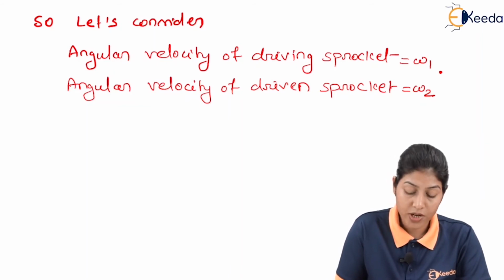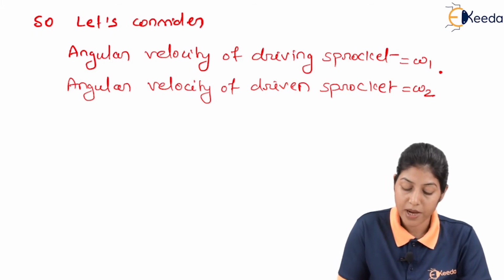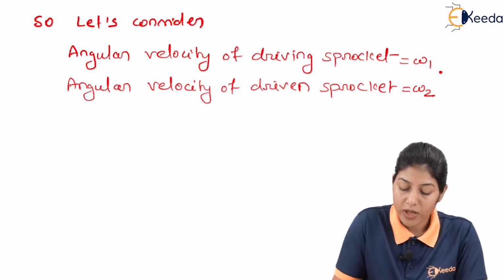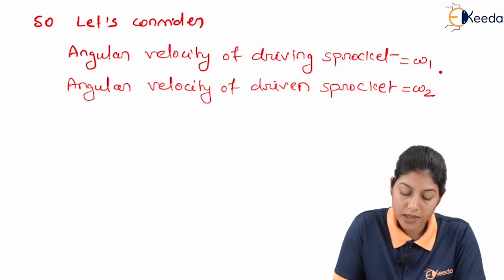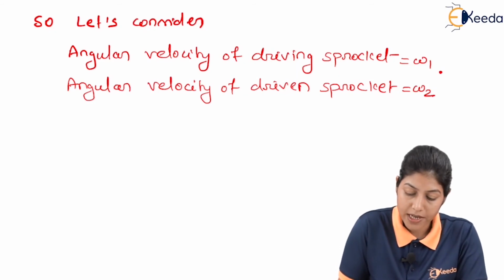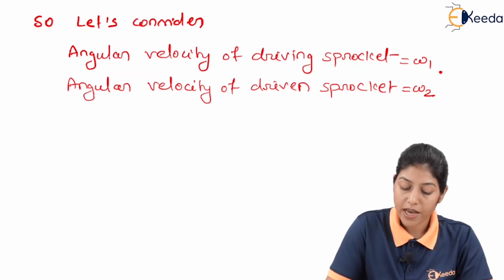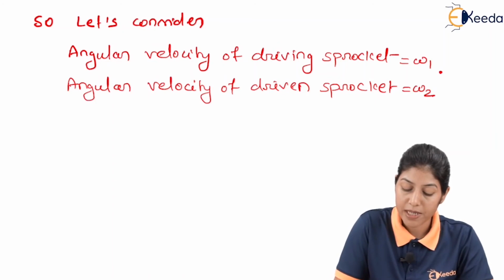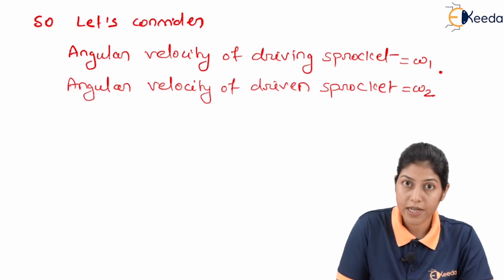Now if we want to determine the linear velocity, we can determine it with the angular velocity multiplied by the distance of the center of the sprocket from the instantaneous center.